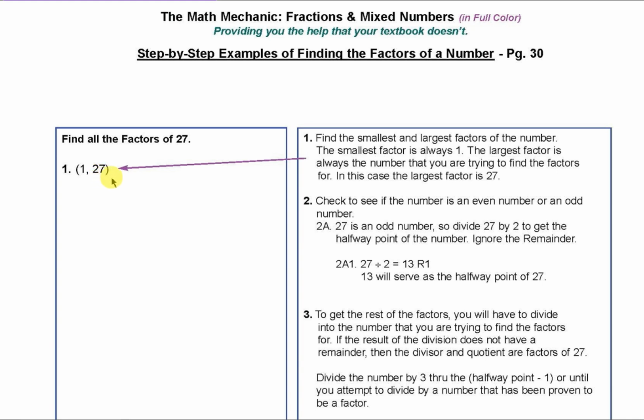Again, the smallest factor of a number greater than 0 is always 1, and the largest factor is always the number you are trying to find the factors for. In this case, we are trying to find the factors for 27, and so 27 is the largest factor.